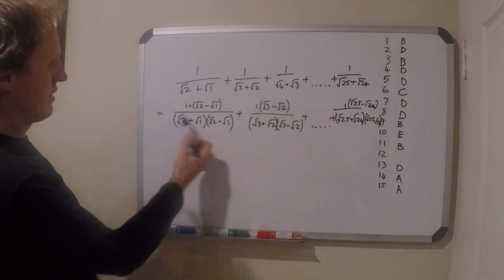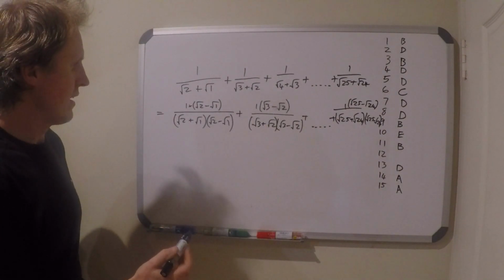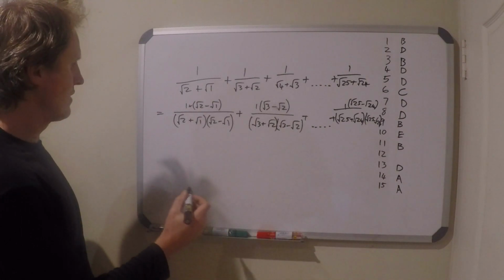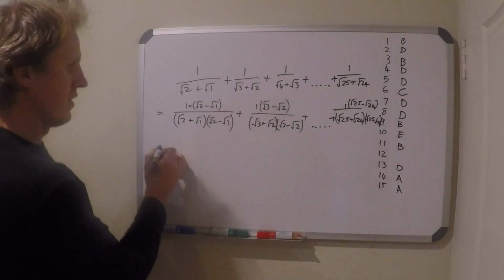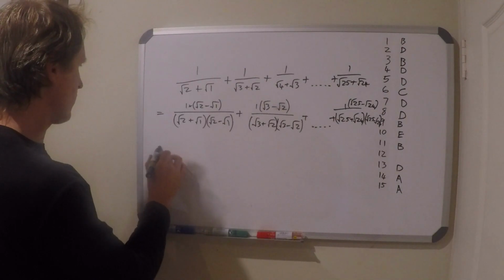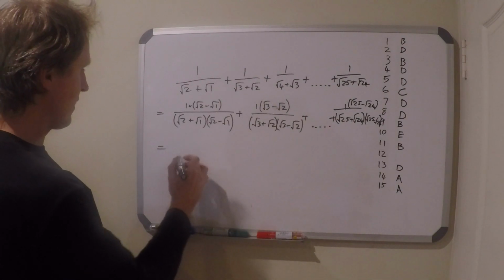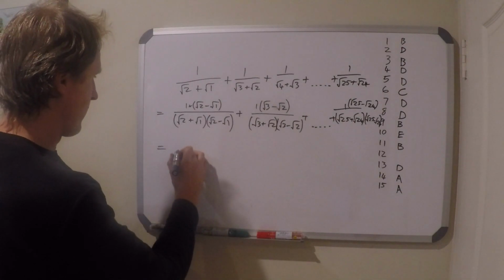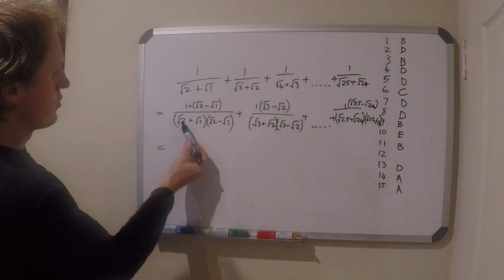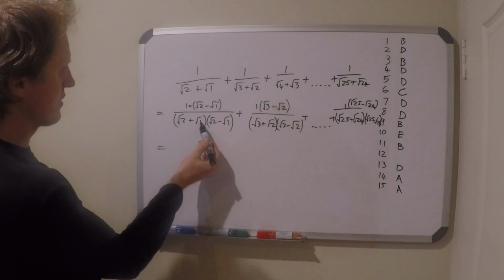Okay, so this is what happens if you factorize difference of squares. You get one with a plus, one with a minus. So we can say immediately that this is going to be root 2 squared minus root 1 squared.